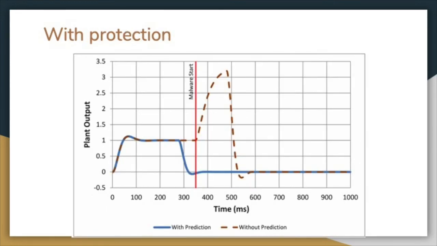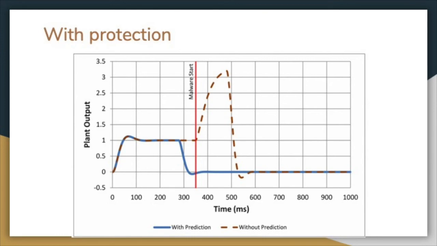And then here's a graph that compares the results of the plant output when protections are enabled, this time with and without the prediction mechanism. So with the prediction mechanism, we're also looking at the prediction mechanism combined with the hardware monitor. And without the prediction mechanism, we're looking at only the hardware monitor being enabled.